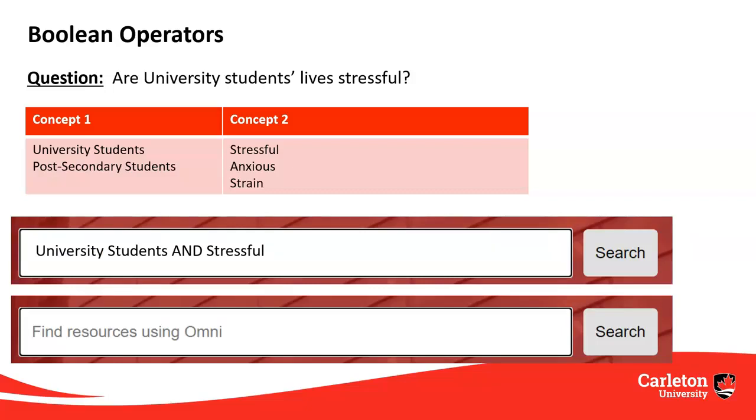Notice that I used AND in all capital letters. Most databases require this, so it's a good habit to get into. Depending on the number of concepts in my question, I could add another AND. Because there's often more than one way to say something, we can also use the OR operator. In our example, this looks like the following: stressful OR anxious OR strain.